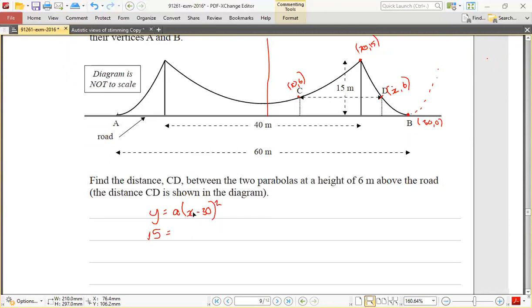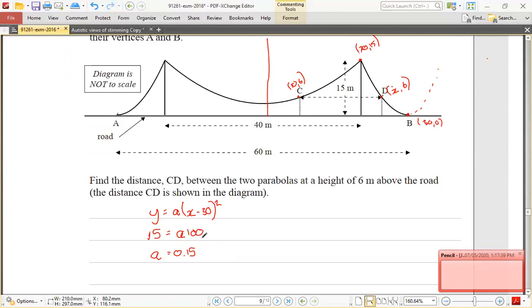If that's 20 minus 30, and negative 10 squared is 100. Yeah, that works, doesn't it? So it's going to be a times 100 equals 15. So a equals 0.15. Done.